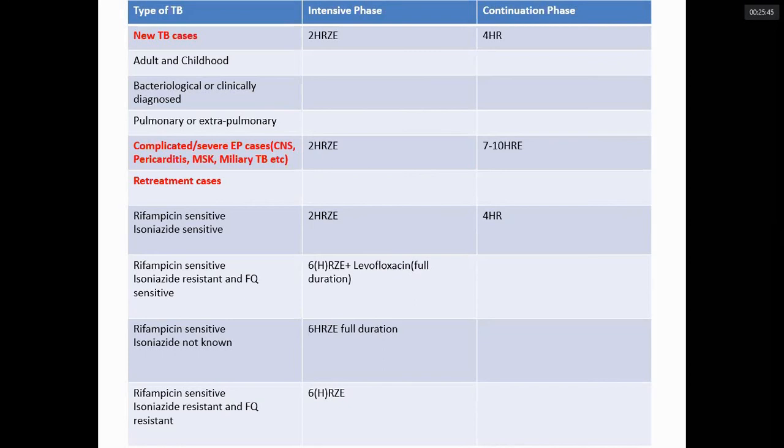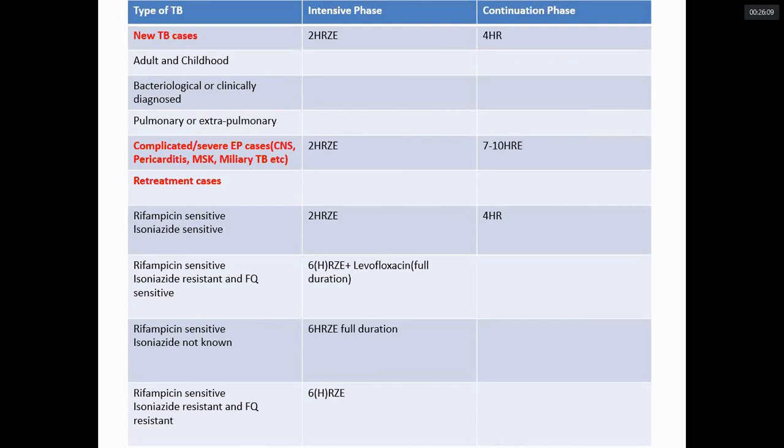If it is rifampicin sensitive, isoniazid resistant and fluoroquinolone sensitive, we give 6 months of, usually we give rifampicin, pyrazinamide and ethambutol, but as you know, isoniazid also comes in the same packing, same tablet.